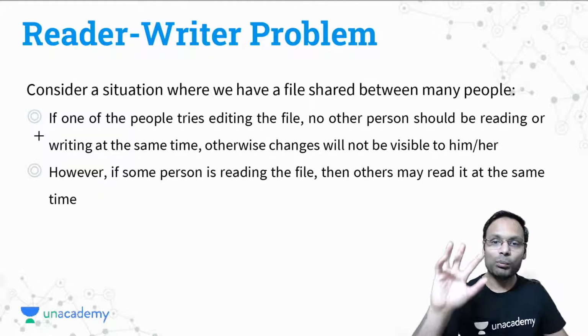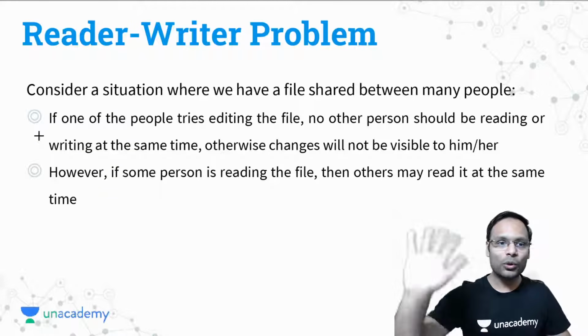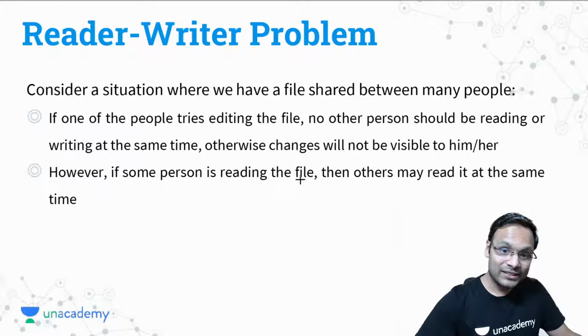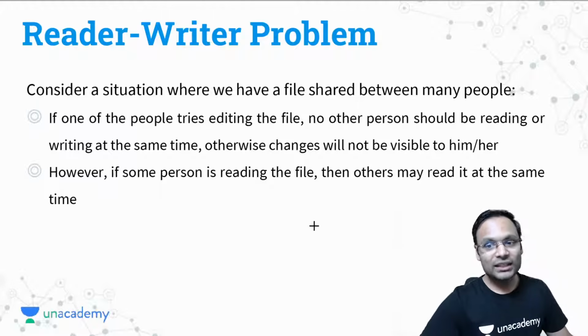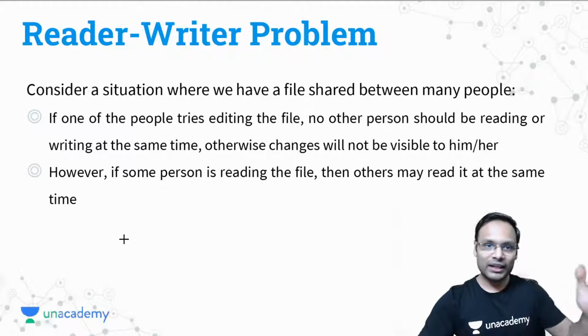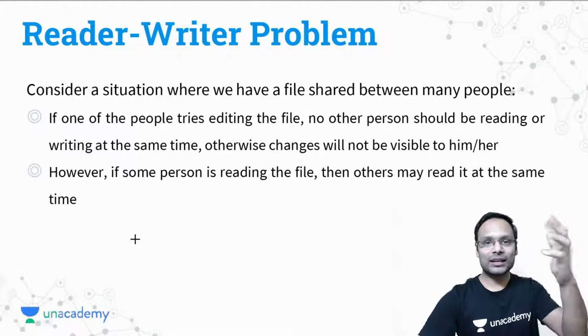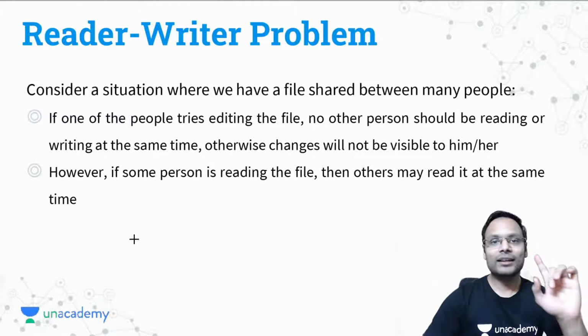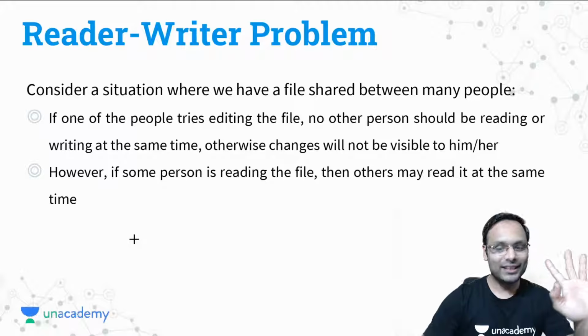That's why we will block those fellows, no reading, no writing if one person is writing. However, if some person is reading the file only, then others may read at the same time. So if one person is reading, few more readers can read the file. Very simple, right?